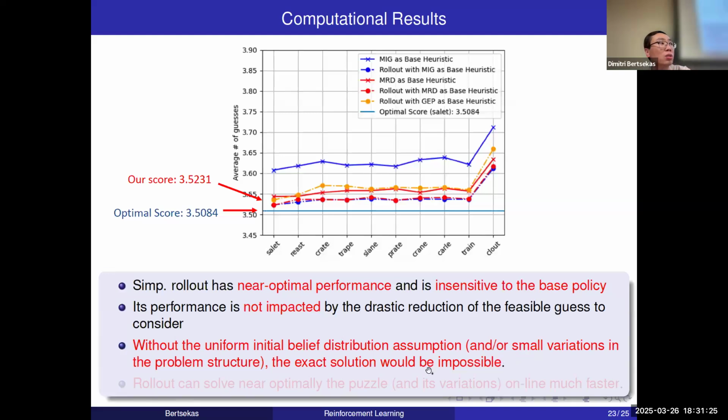So with a slight twist of the problem, either the scale of the state space becomes larger, or the initial belief becomes more difficult to calculate, it would not be possible to solve exactly. Whereas the rollout can solve near optimally the puzzle and its variants online much faster.